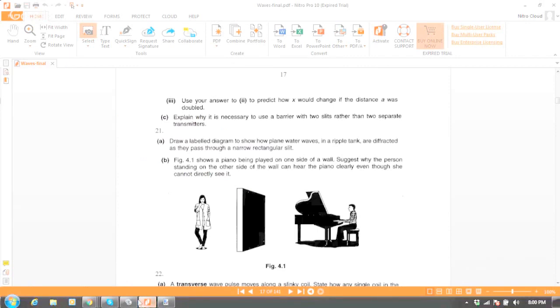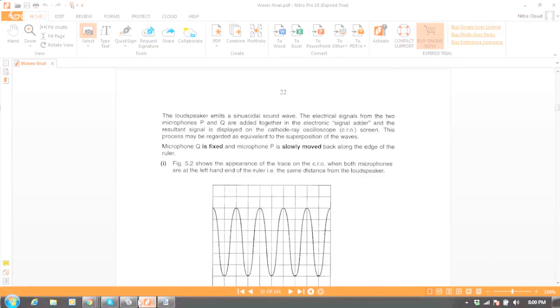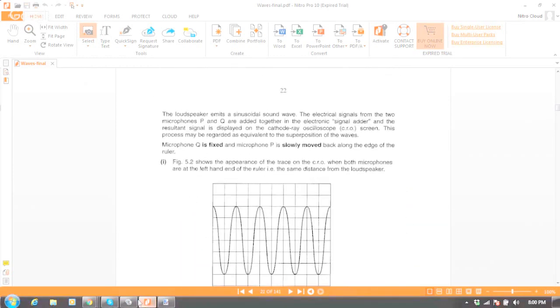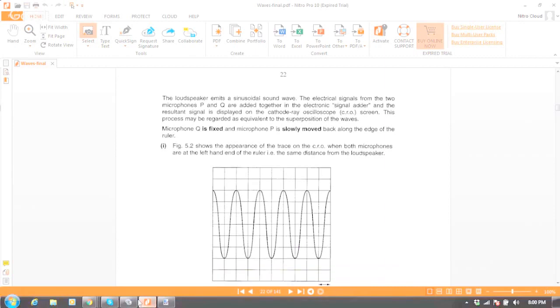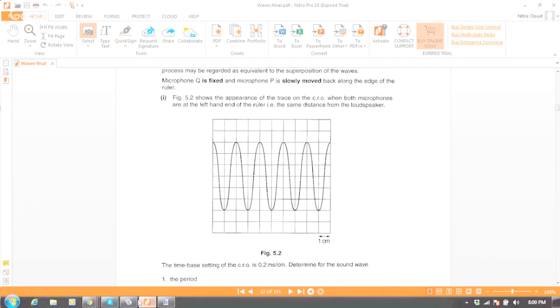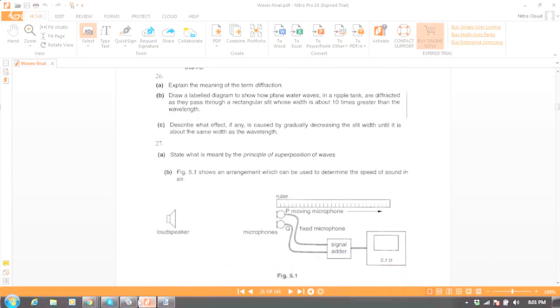part 3.1. Here we go. Question number 27. Okay. The figure shows the appearance of the trace on the CRO when both microphones are at the left end of the ruler. Let me see the ruler.